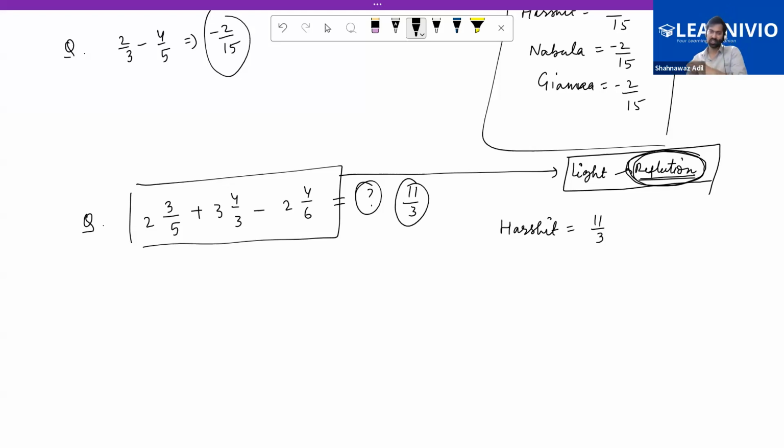Whenever you guys get any answer, please tell me. And Harshit, you can also recheck your calculation. This is a very simple answer that you are getting, right? You see that the denominators are 5, 3, and 6, so you're getting only 3.